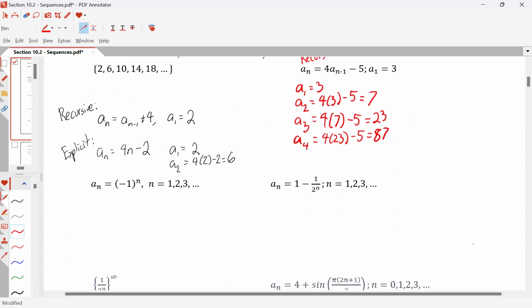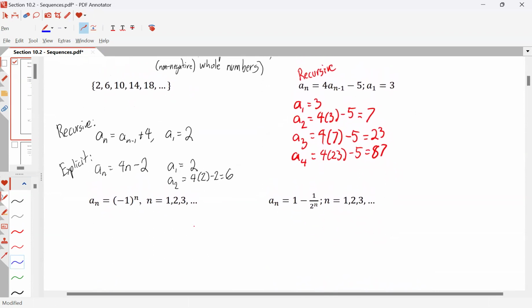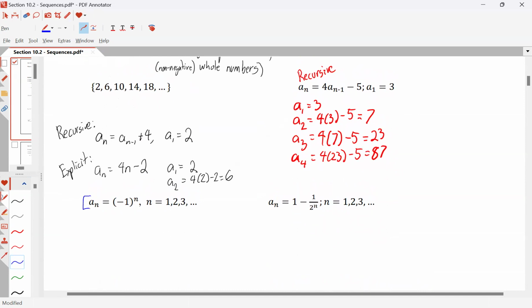And then we'll look at now this bottom left example. This bottom left of a sub n equals -1 to the n is in explicit form where we're saying n is going to be these whole numbers, 1, 2, 3.